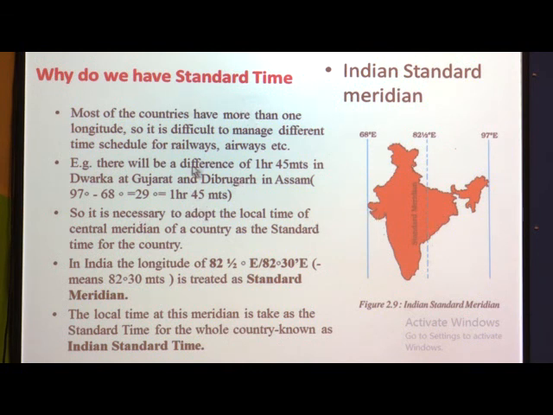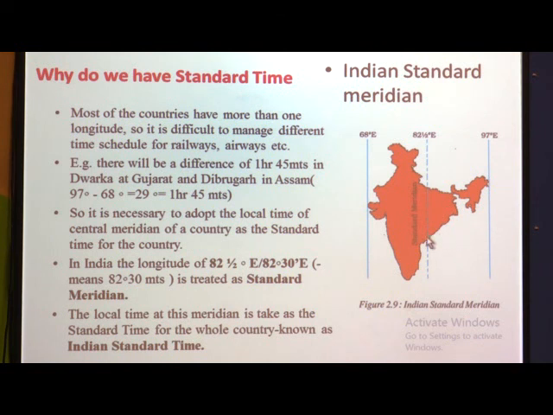So it becomes difficult to manage the railways and airways. That's why it is necessary to adopt the local time of the central meridian of the country. It becomes important to decide a local time for that particular country. This local time of that country is called the standard time.